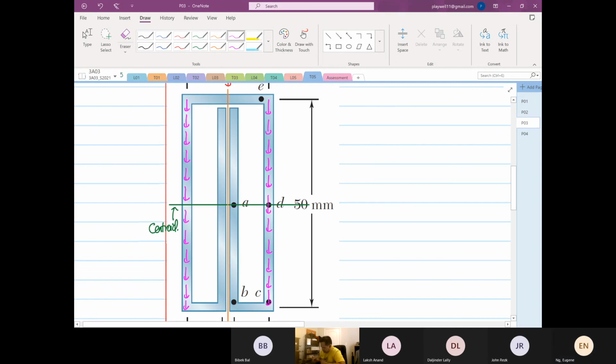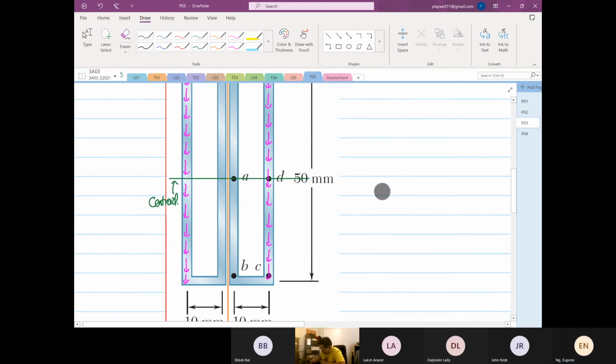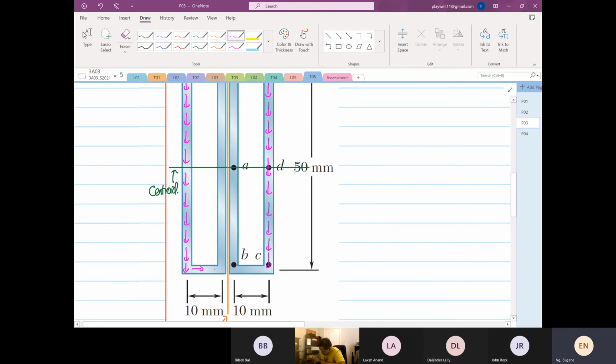And when that's the case, we will know that the shear flow will move this way. So this is the terminal. Then at the bottom part, it will move this way.